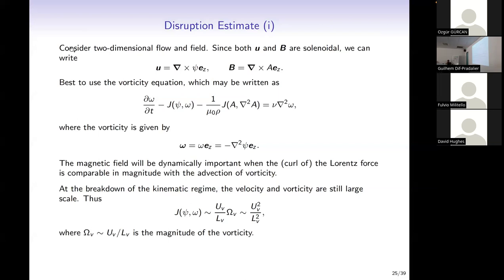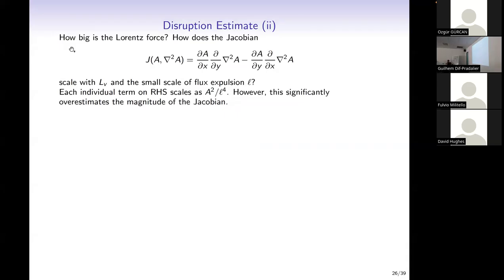Now, the one you have to be careful about is the Lorentz force, the curl of the Lorentz force. They're components of the curl, which in the equations look like this. Now, you might say, I know that the field is on a small scale. So all of these derivatives, d by dx, d by dy, del squared, are all small scale.